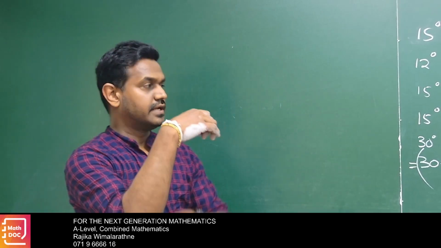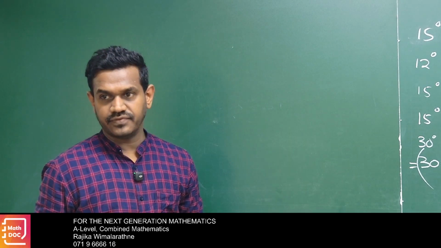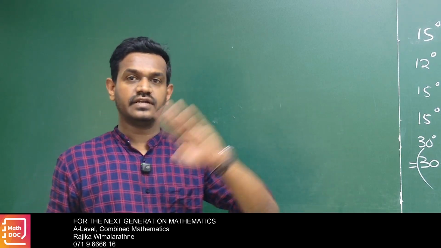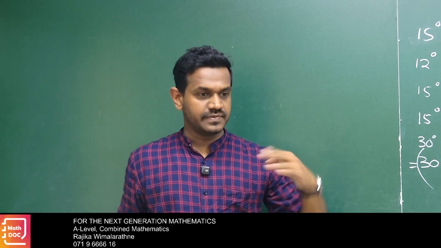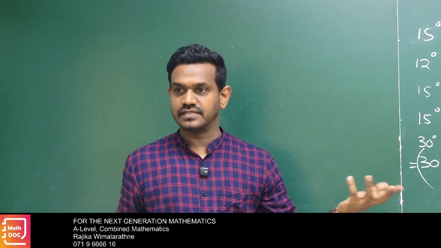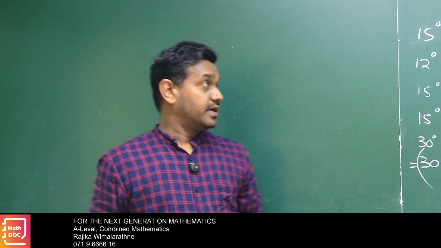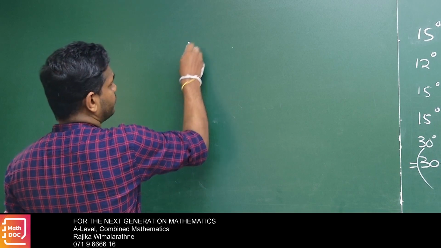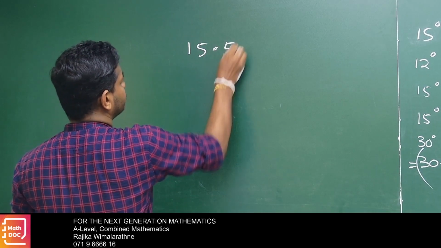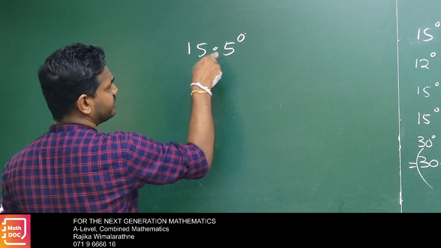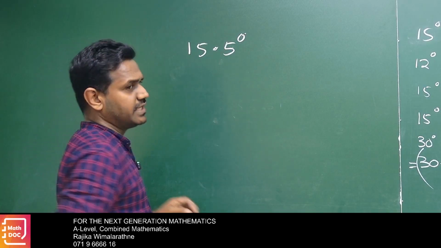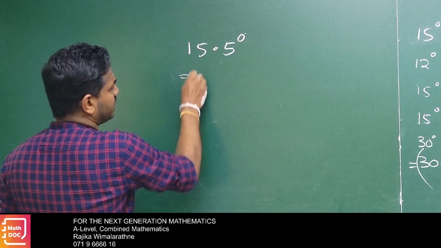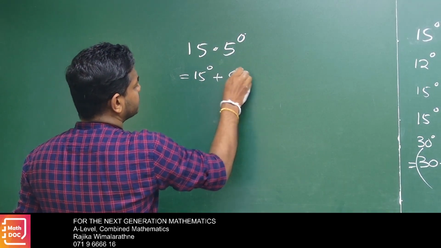Okay. Now with that one, you consider this. Now we know how to convert degree to radian, degree decimals to radian, and degree, minutes and seconds to radians. Now you consider 15.5 degrees. Now I'm going to convert this into degrees, minutes and seconds, without the decimal part. Then 15 degree, 0.5 degree.